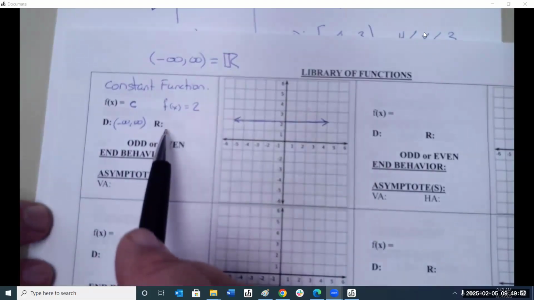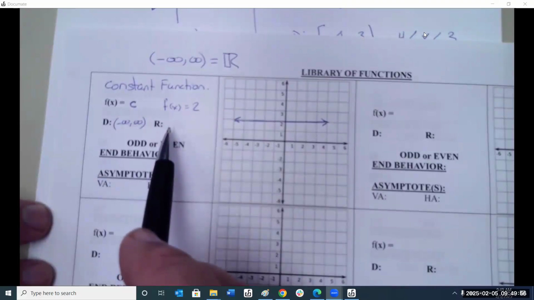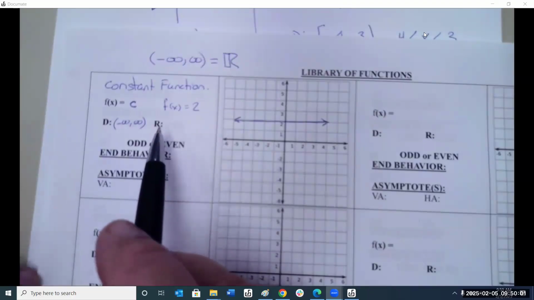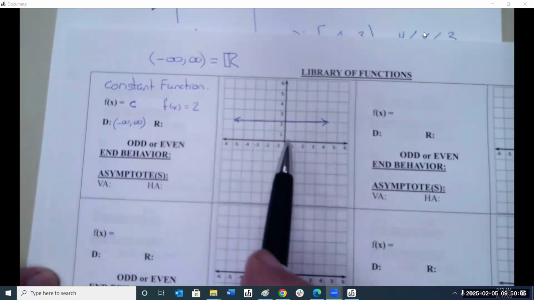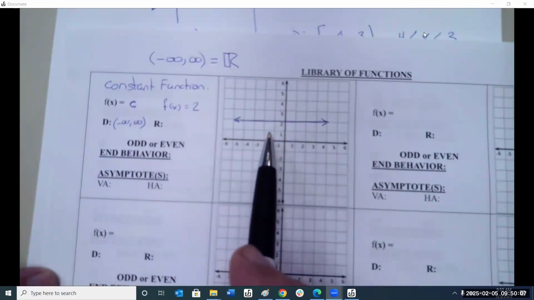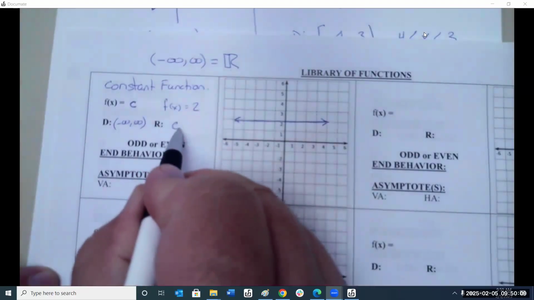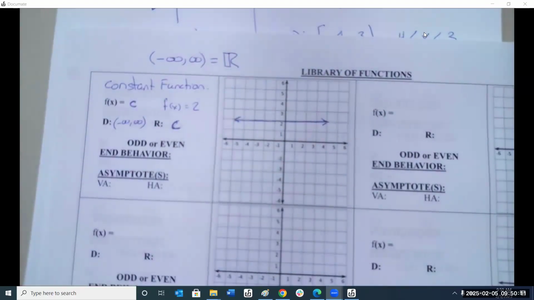What's the range? The range represents the y values. Is 0 inside there? The y is 2. In this case, it's just c.